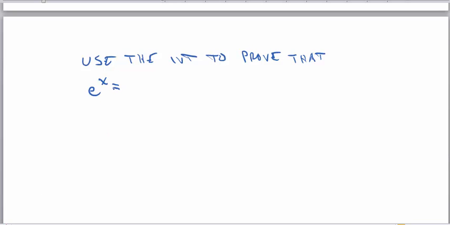Now, realistically, where do the problems come from that deal with the intermediate value theorem? They usually come in the form of things like this. They'll give you an equation maybe, and they'll say use the IVT to prove that the equation e to the x equals 3 minus 2x has a solution in the open interval from 0 to 1.